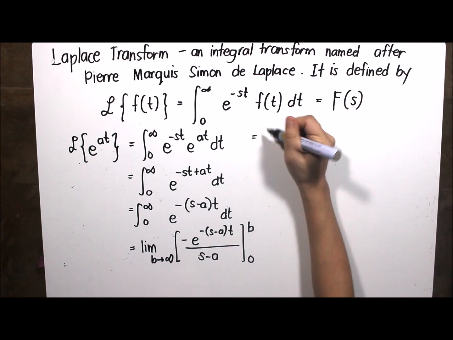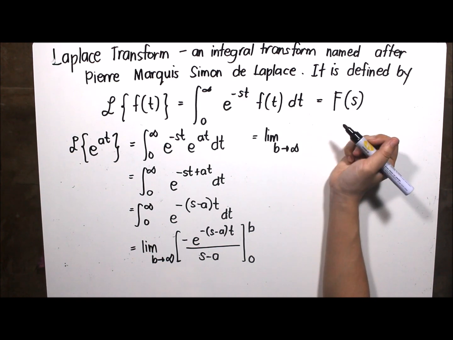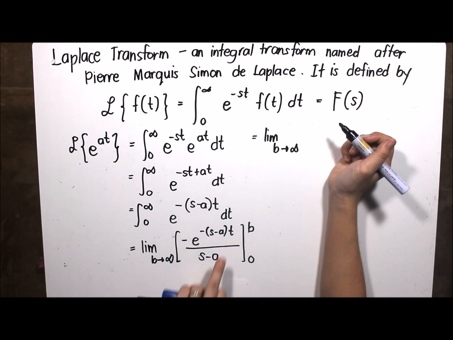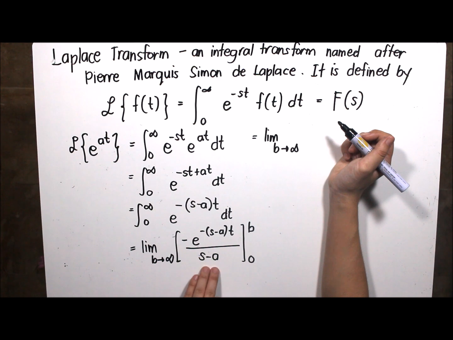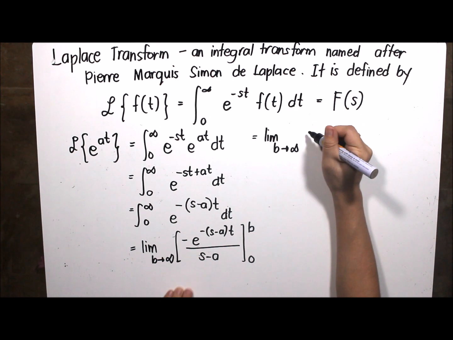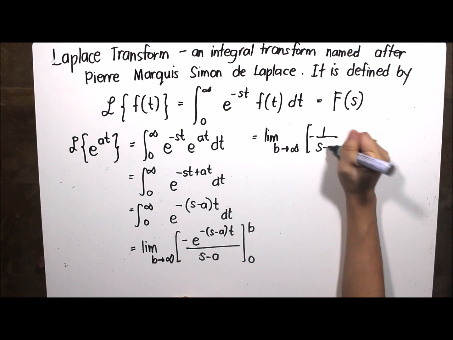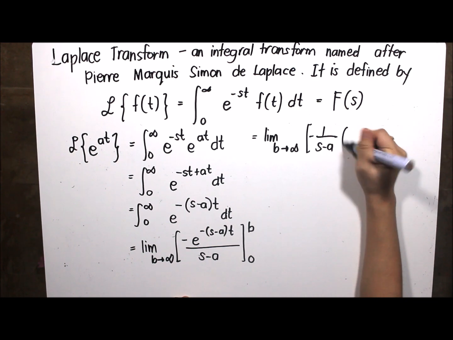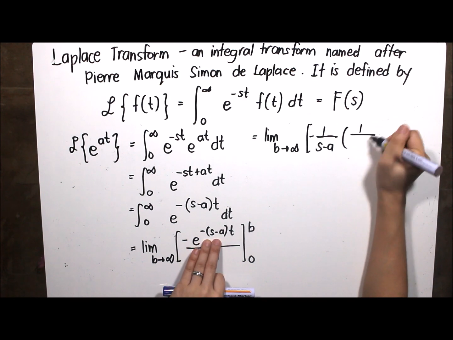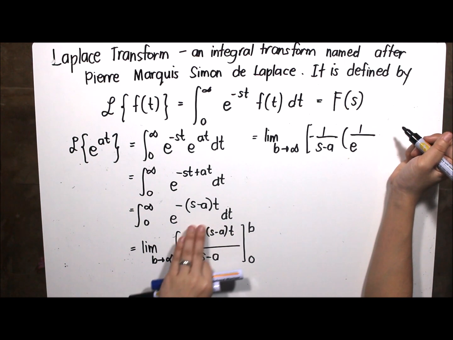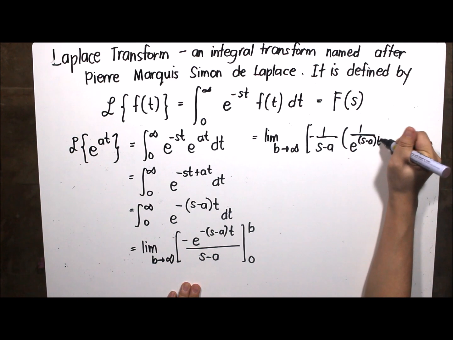Okay. So, isusulat natin to. Pwede naman siyang ganito. Limit as b approaches to infinity. Since ito lang naman yung may function of my variable t, pwede naman natin ilabas yung ating constant accompaniment. So, magkakaroon tayo dito ng negative 1 over s minus a times, we can say na ito ay 1 over e, to make this positive an exponent, so we have s minus a times t.